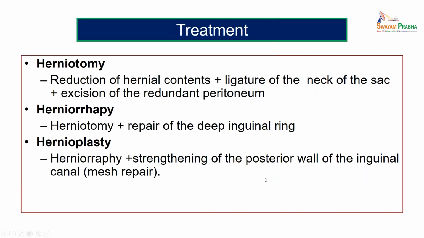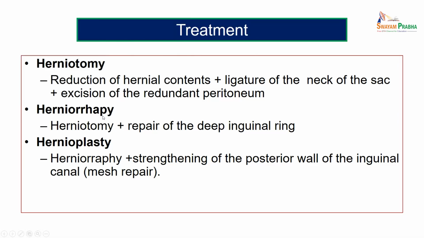So the treatment for this is, one is herniotomy. You can reduce the hernial contents, ligate the neck of the sac and excise the redundant peritoneum. This procedure is called herniotomy. Another procedure is herniorrhaphy, which includes herniotomy, and you repair the deep inguinal ring.